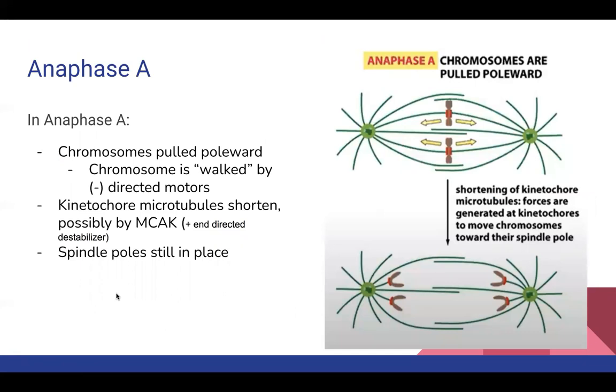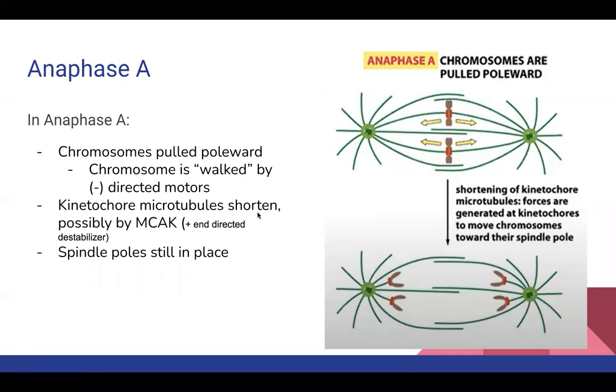So in anaphase A, the chromosomes are pulled towards the poles. The chromosome is kind of walked by a minus end directed motor, which goes back to a lot of the push-pull activity you see. They're basically just moving towards the two separate poles on opposite sides of the cell.